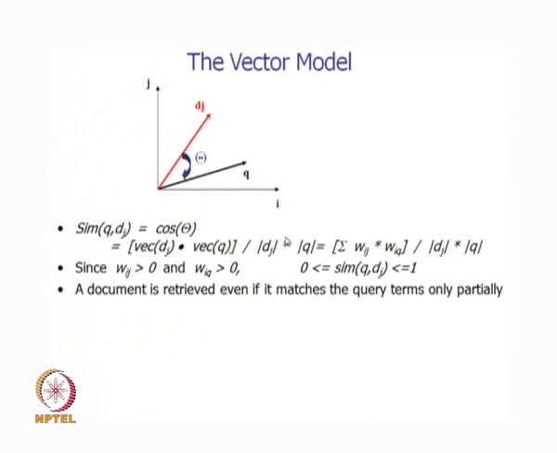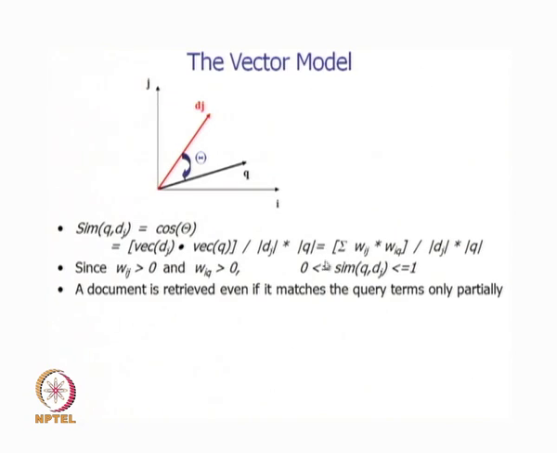Now, if we have the query vector and the document vector, then the similarity between these two vectors, sim(q, d_j), is obtained by a cosine similarity measure. This cosine similarity measure is nothing but the cosine of the angle between these two vectors, which is obtained as the dot product of these two vectors divided by the product of the moduli of these two vectors.